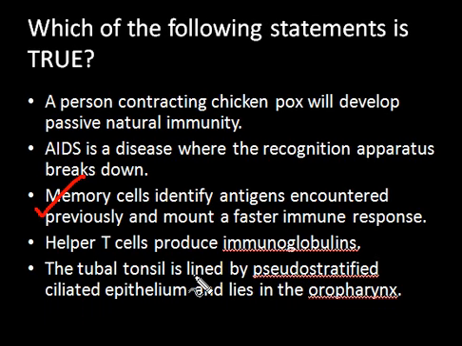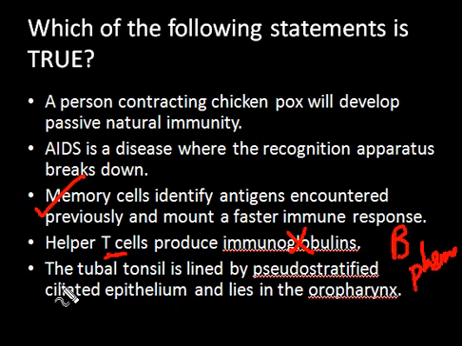So this is the true statement. But let's go and look at the other ones. Helper T cells produce immunoglobulins. This is false. T cells don't produce immunoglobulins. It is B cells which do that, and in B cells it is the plasma cells which do that. So therefore this is a false statement. And then lastly, the tubal tonsil is lined by pseudostratified ciliated epithelium and lies in the oropharynx.